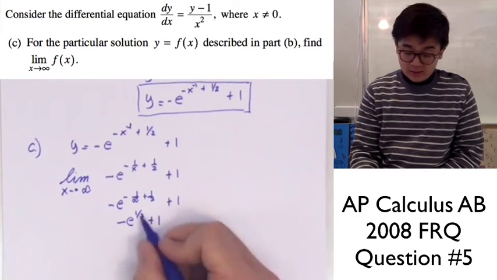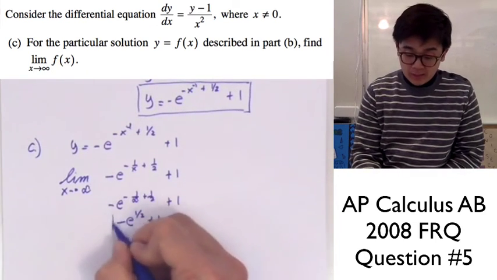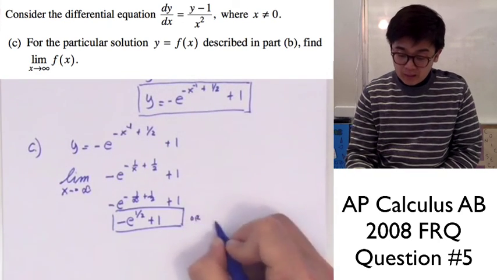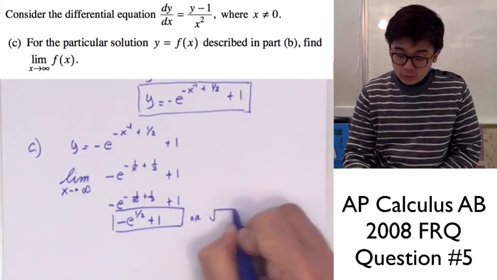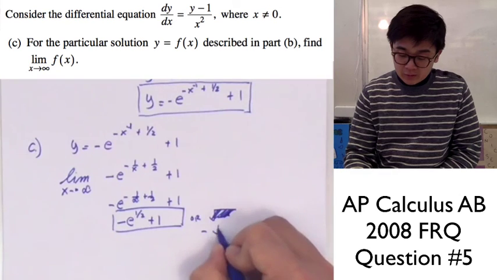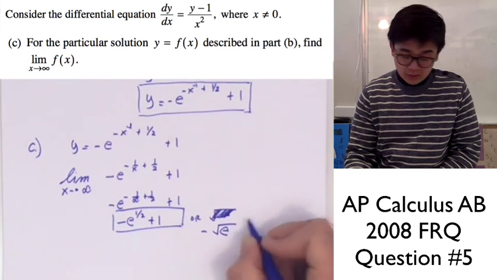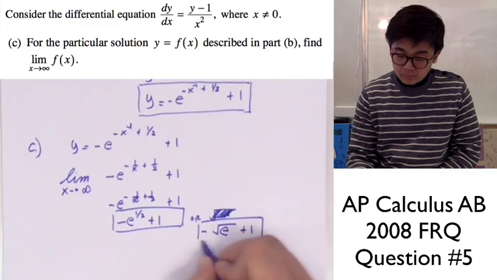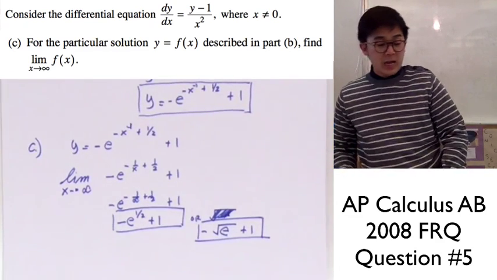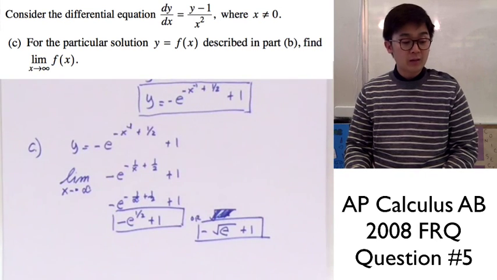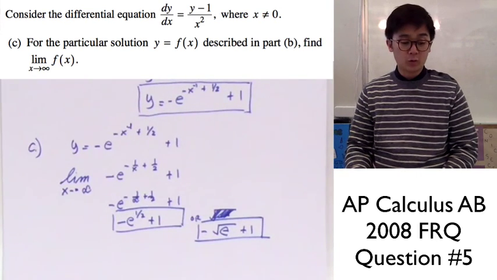And this is our limit, which we can rewrite as negative square root of e plus 1. So this is how we answer problem letter C on the 2008 FRQ question number 5.